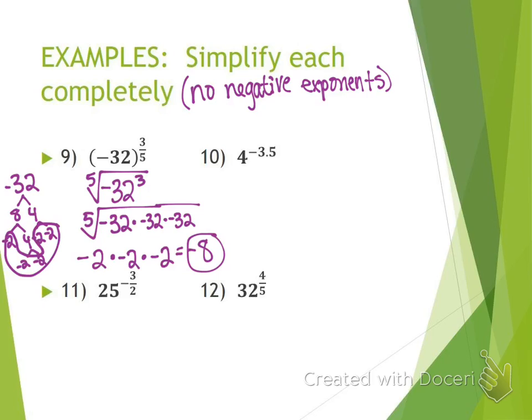All right, on number 10, instead of having our exponent written as a decimal, I would rather have it written as a fraction. This is 4 to the negative 3 and 1/2, which we would change to 4 raised to the negative 7/2.